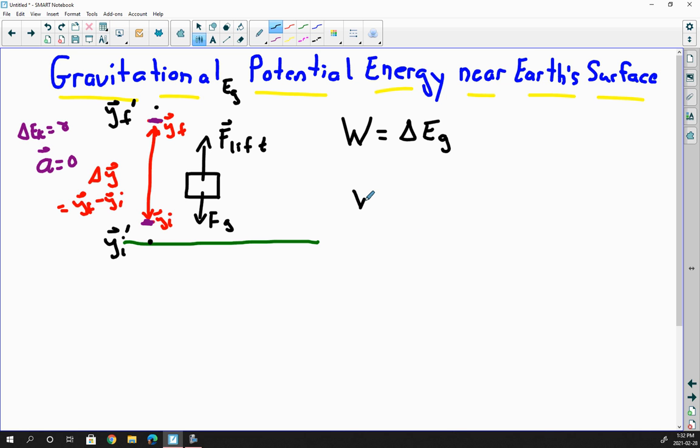So if we want to calculate the work done by the lift force, it's going to equal force lift dot the displacement it goes through, right? We looked at that before.